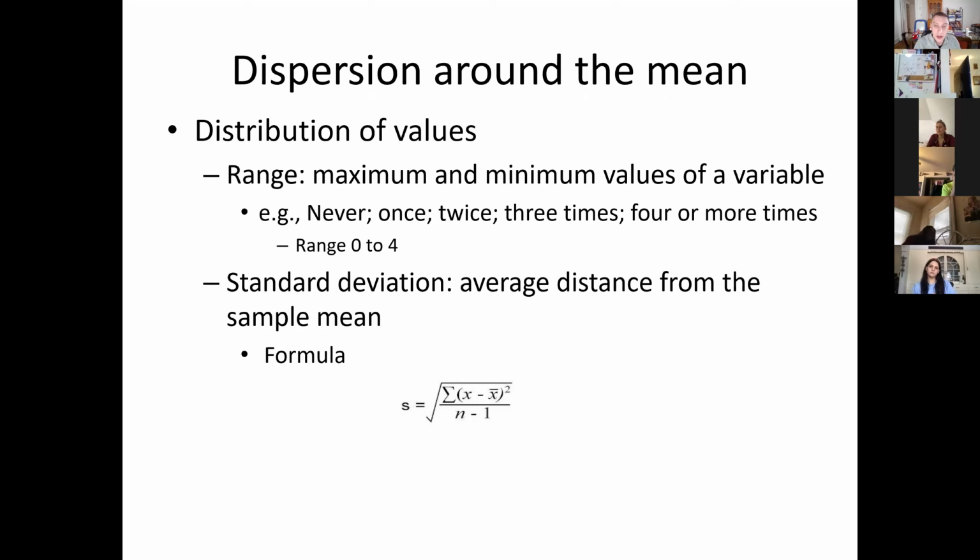And the average distance from the sample mean, or the average distance from the average, is what's called the standard deviation. So it's saying, how different is the average person from the average height score in this class? You might find that the standard deviation is like 3 inches.